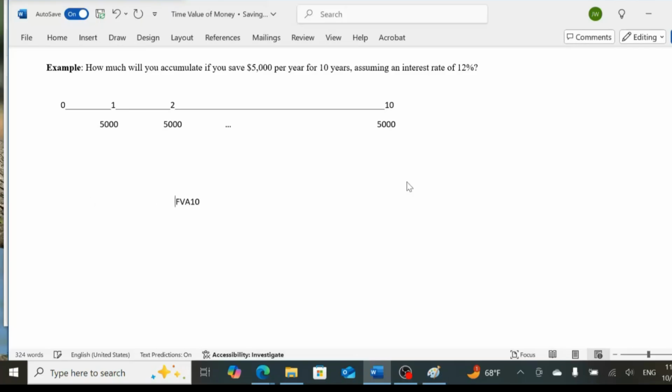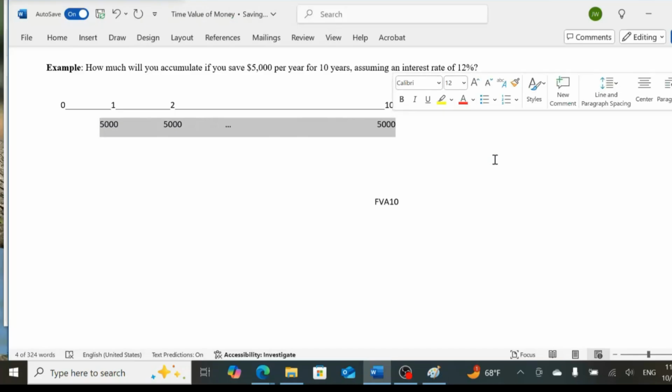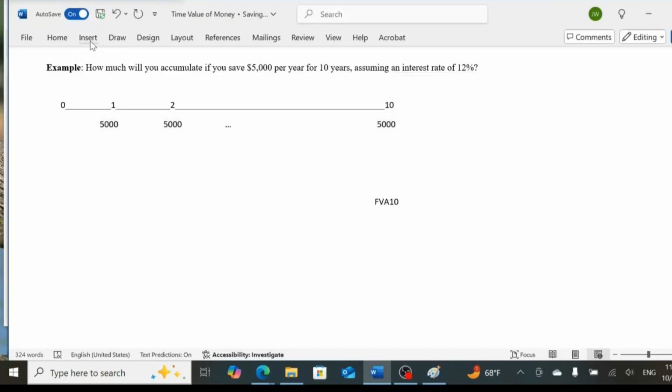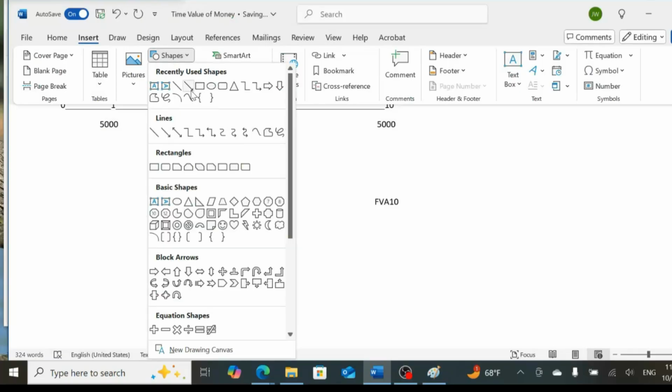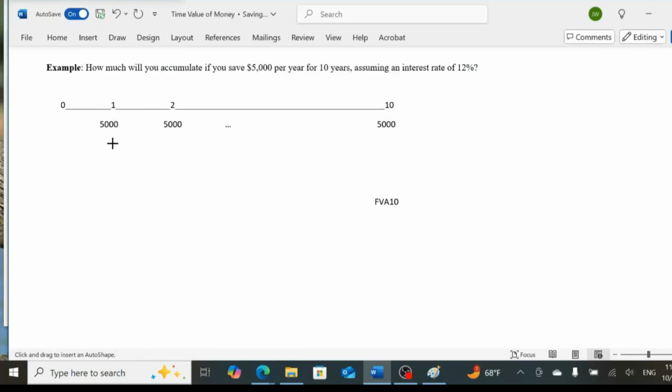Yeah, with our building block, we are actually able to figure this out. How? Even though here's a 10 cash flow, we treat them one by one. So we look at how much the first $5,000 will grow.